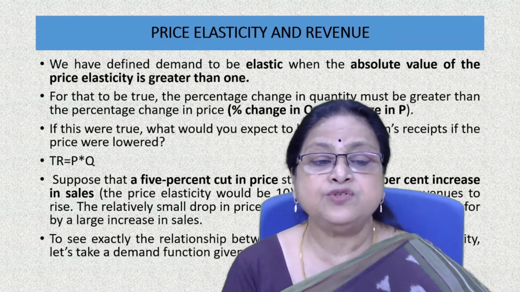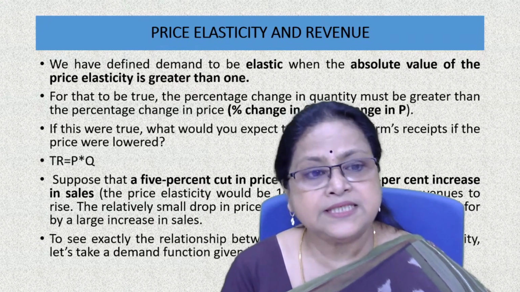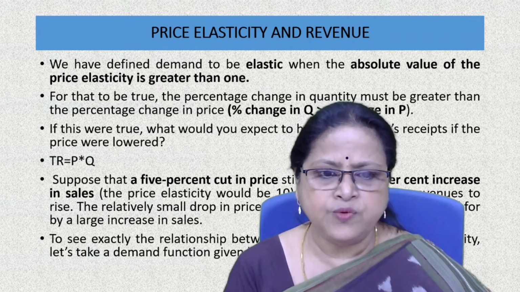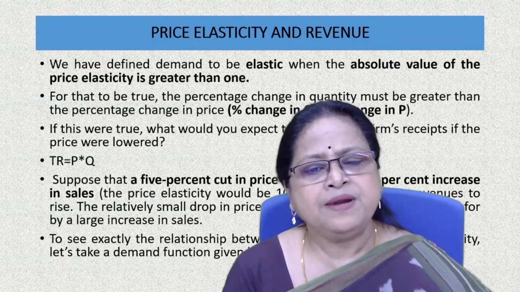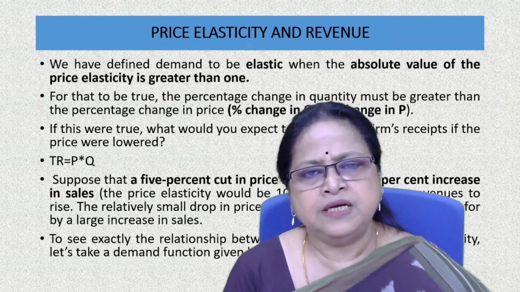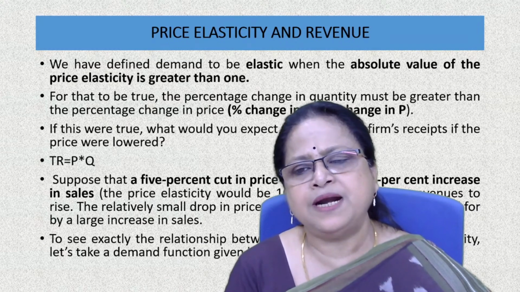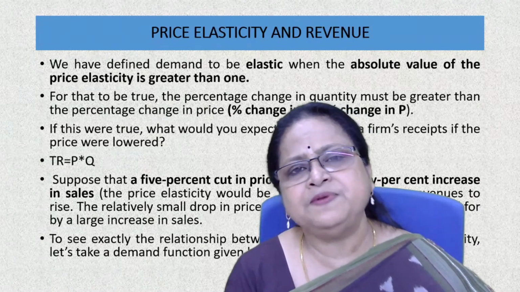If this were true, what would you expect to happen to a firm's receipts if the price were lowered? Total revenue is equal to P into Q. Suppose that there is a 5% cut in price. Price is becoming less now, and because of the law of demand, quantity demanded will increase, so sales will increase. Suppose that is 50%.